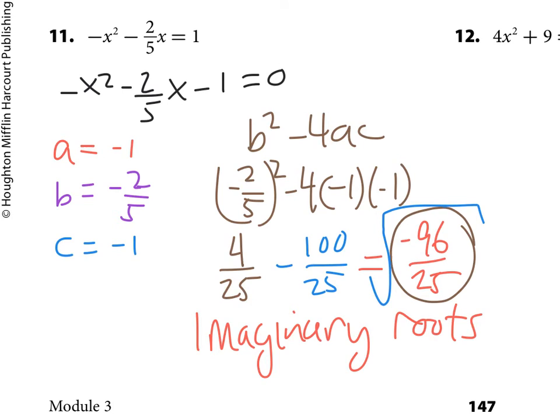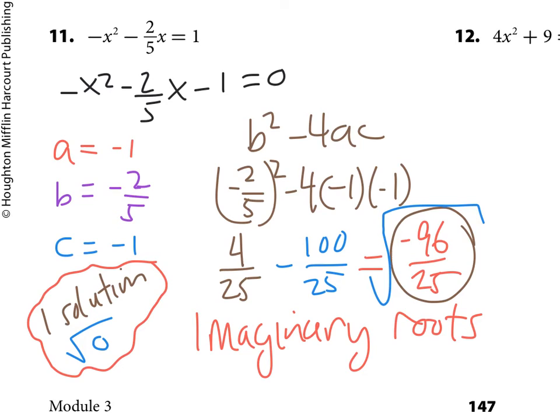The only time you're ever going to have one solution is if you have radical 0. So keep that in mind as you move forward. That's the only time you're going to have one solution, when the discriminant comes out to be 0. But in this case we have two imaginary roots, two of them, because in front of the radical would be a plus and minus.